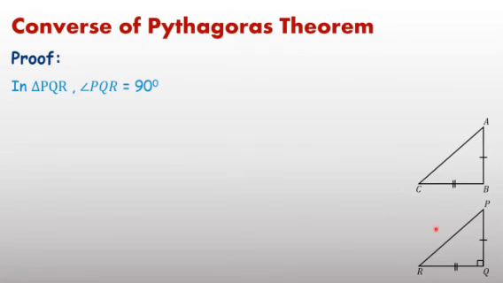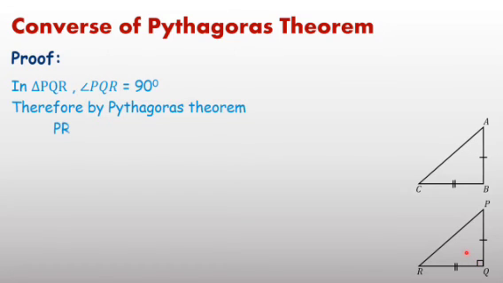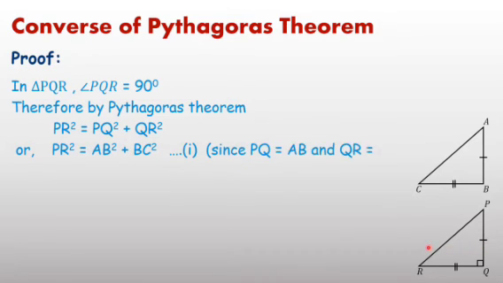In triangle PQR, angle Q equals 90 degrees, we can apply Pythagoras theorem. And by Pythagoras theorem, you can write PR square equals PQ square plus QR square, or PR square equals AB square plus BC square. In place of PQ, we can write AB, and in place of QR, BC, by construction.